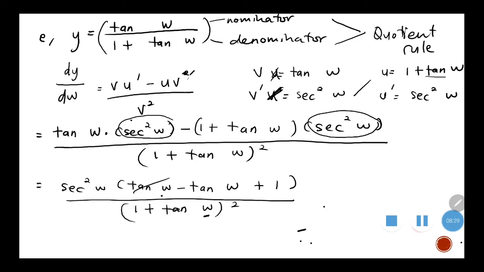So now we can cancel this together and you will get secant squared w over (1 plus tan w) squared. And this should be your final answer.